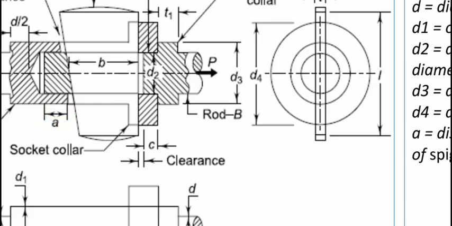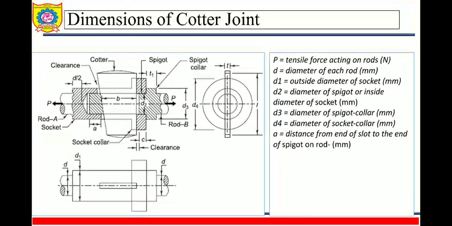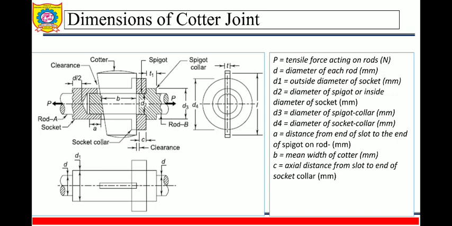Then the mean width of the cotter. We know that a cotter goes on reducing in shape because it has a taper. So the mean width of the cotter I have shown here in the diagram. Then C is the axial distance from slot to end of socket collar.